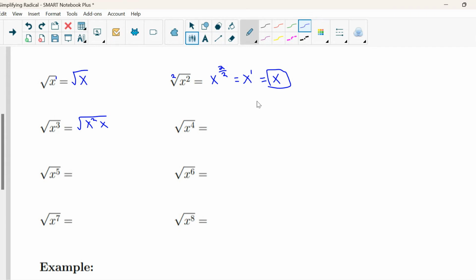Out of the parts that I split up, only my x squared is divisible by my index, not x. So x I'm going to leave as a radical, but the square root of x squared is going to turn into x to the 2 divided by 2, and I'm going to leave my square root of x. So this simplifies to x times the square root of x.